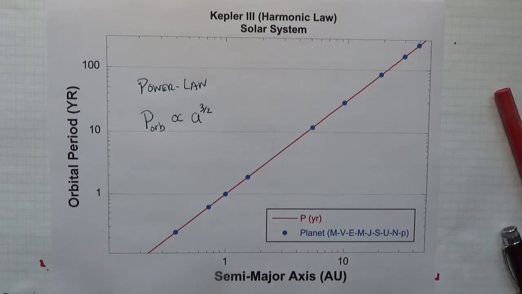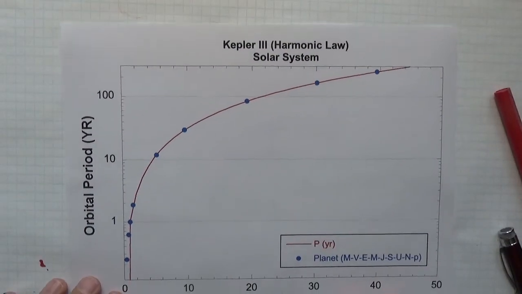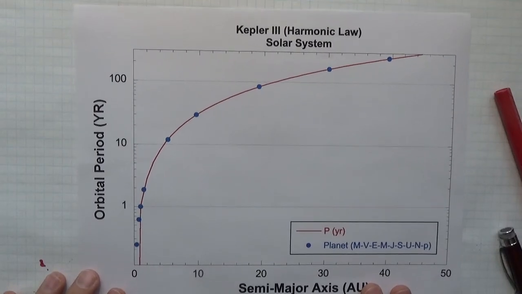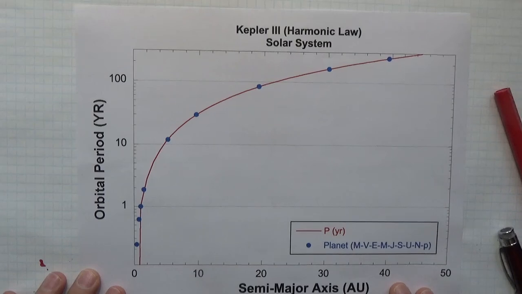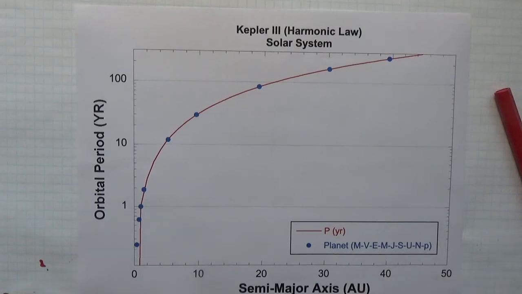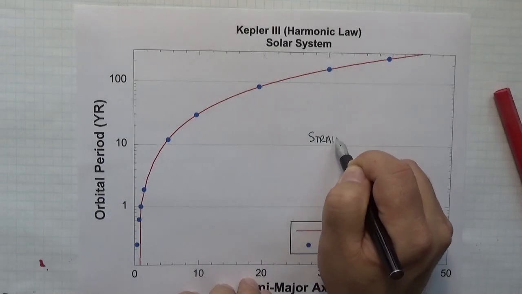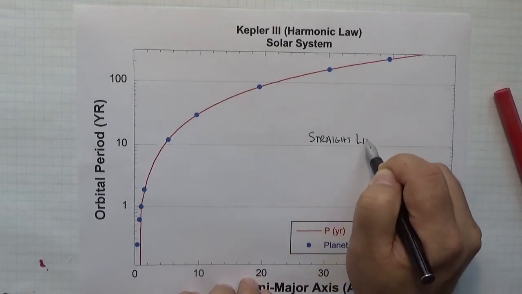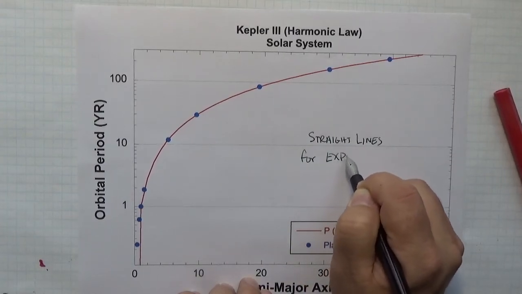In this case, you may remember when we looked at the semi-log case, the line was curved. But there are cases where the data on a semi-log plot is a straight line, and on a semi-log plot, you get straight lines for exponential functions.